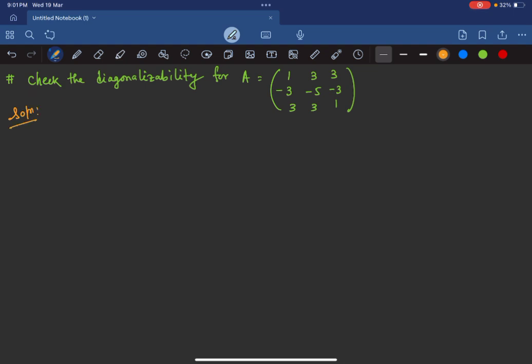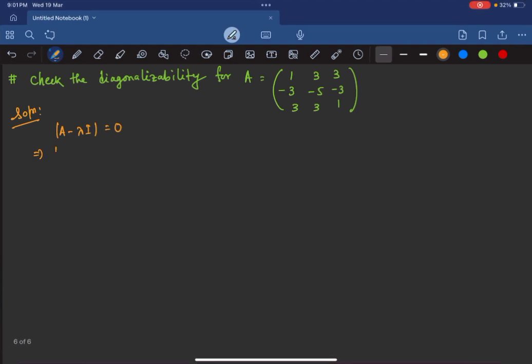If you try to find eigenvalues, eigenvalues are given by determinant of A minus lambda I equal to 0.